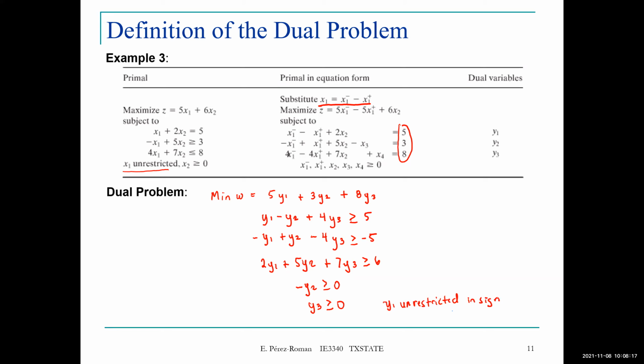If you look at the first and second constraints, they are the same in terms of coefficients.